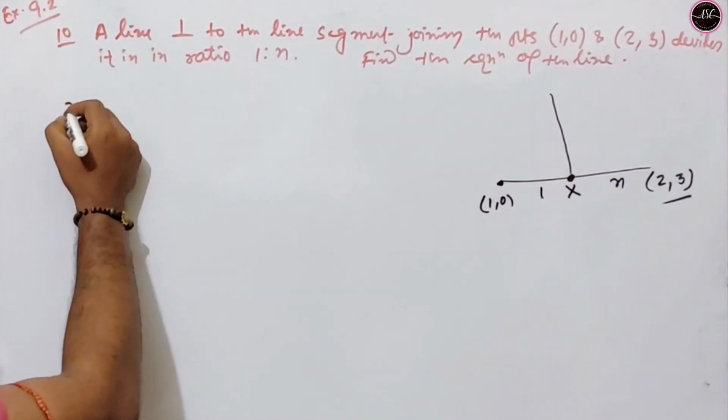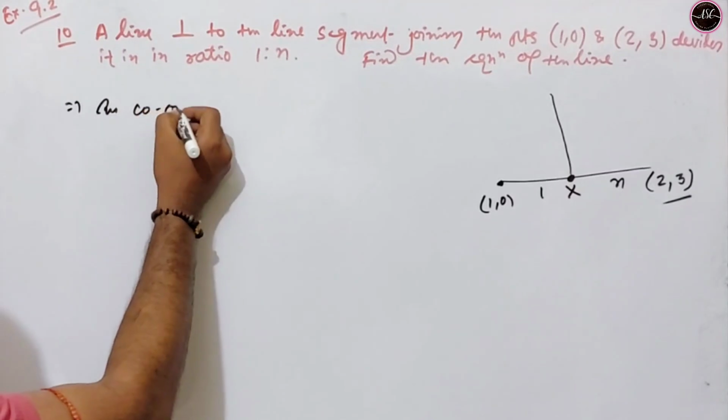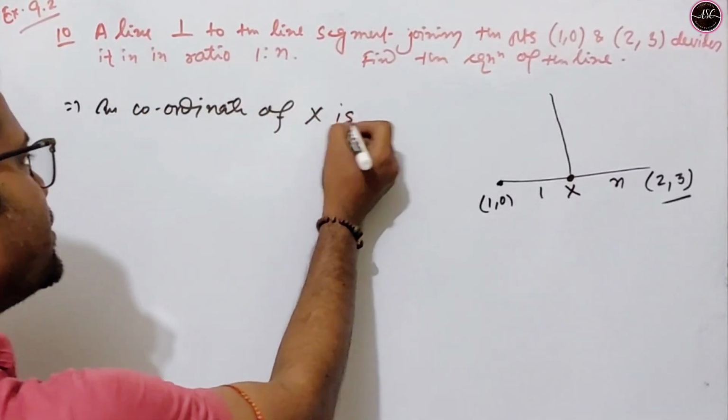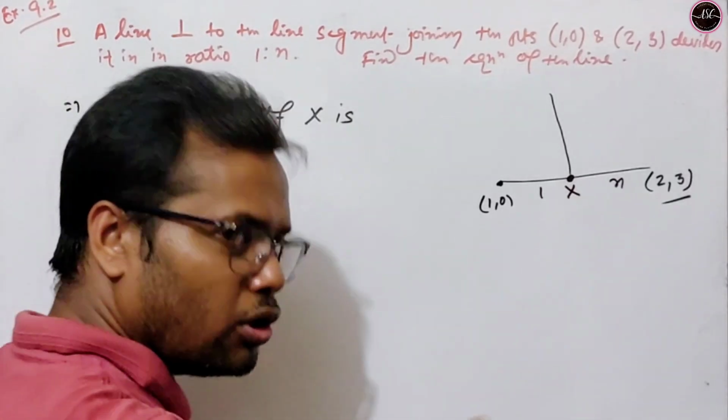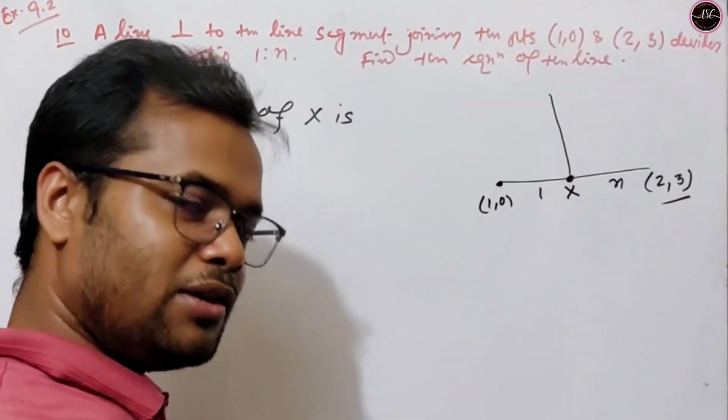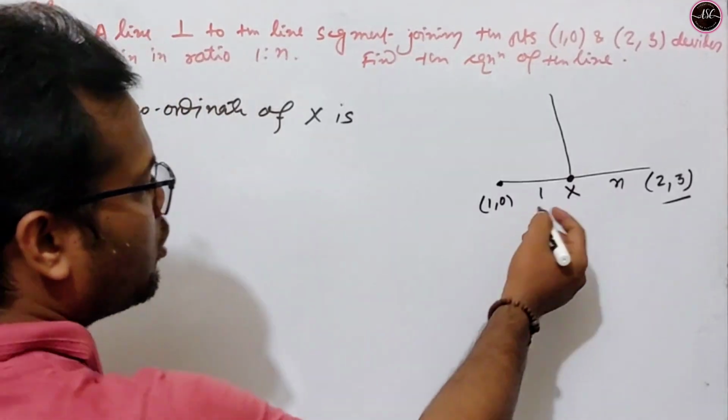the coordinate of X is (mx2 plus nx1). We know that formula: if the line is divided in m:n ratio, here m equals 1.